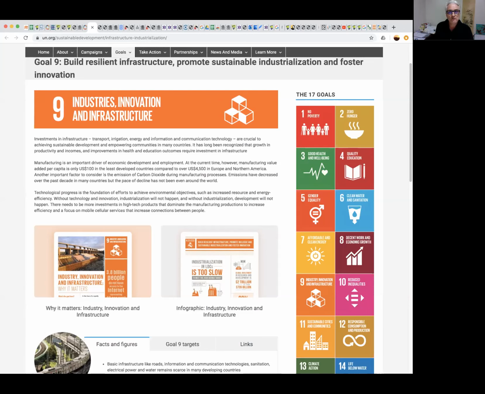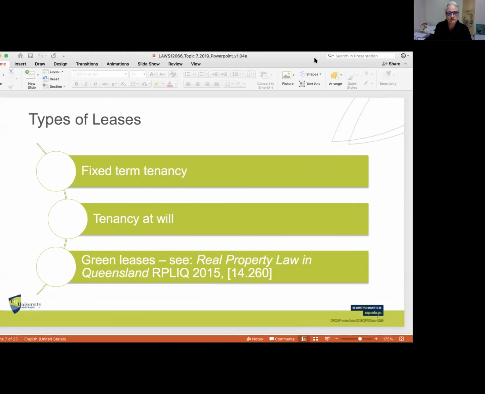So just be mindful of these Sustainable Development Goals as larger international drivers in terms of how we need to think about how we should govern these relationships that historically property law and land law has identified, but there are now these other factors that can come to bear in thinking about those relationships. So I'll just go back to the slides.